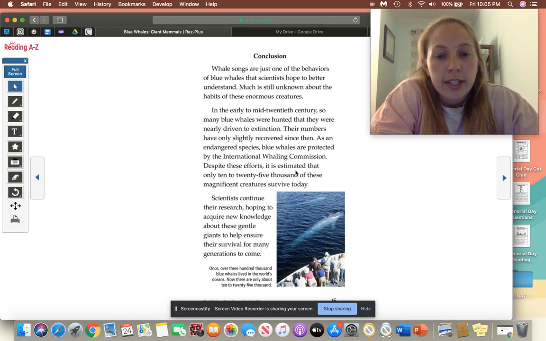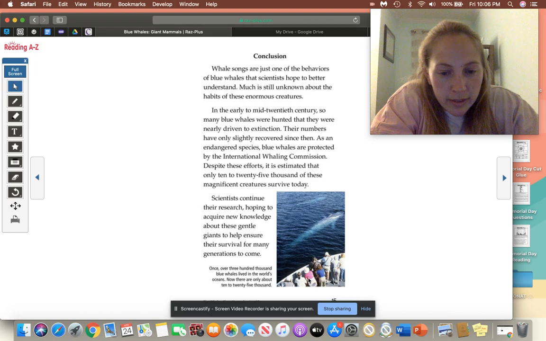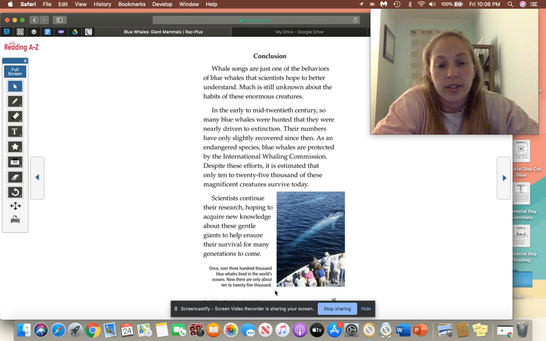Despite these efforts, it's estimated that only 10 to 25,000 of these magnificent creatures survive today. Scientists continue their research, hoping to acquire new knowledge about these gentle giants to help ensure their survival for many more generations to come. And the last caption says, once, over 300,000 blue whales lived in the world's oceans. Now there are only about 10 to 25,000.